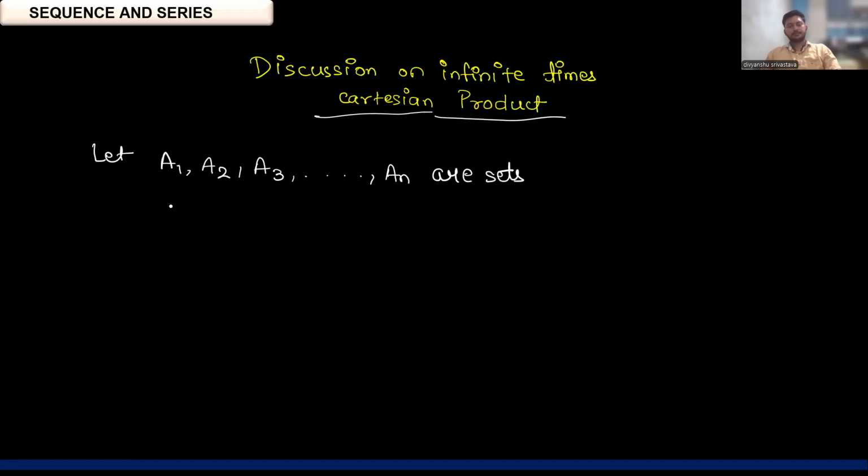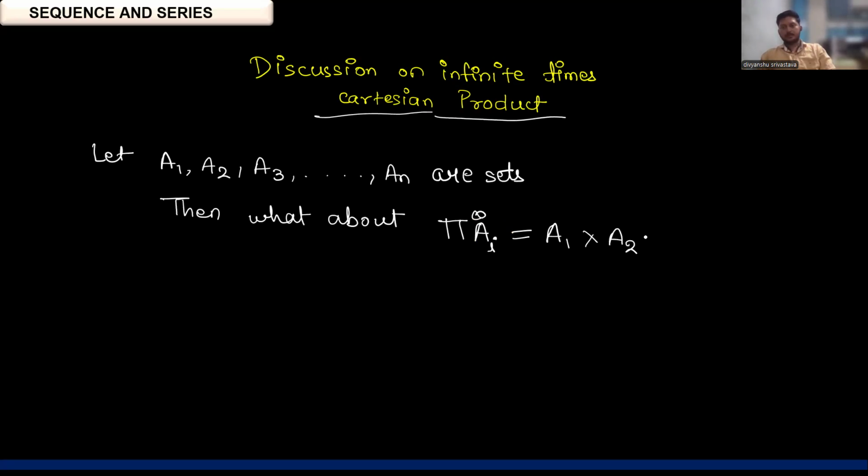Then, what about their product from i to infinity, with elements a1 cross a2 cross a3 up to an? These kinds of elements you have.